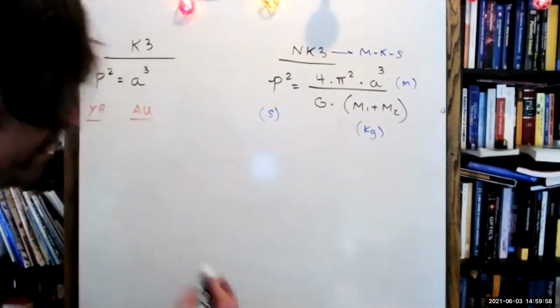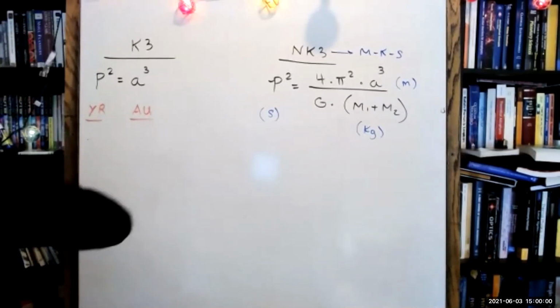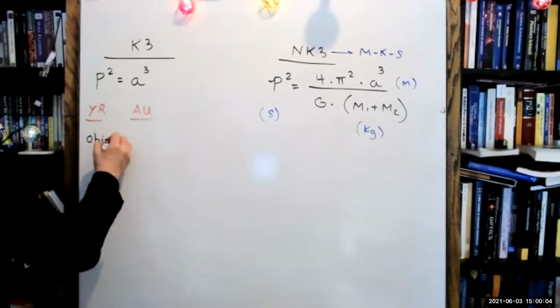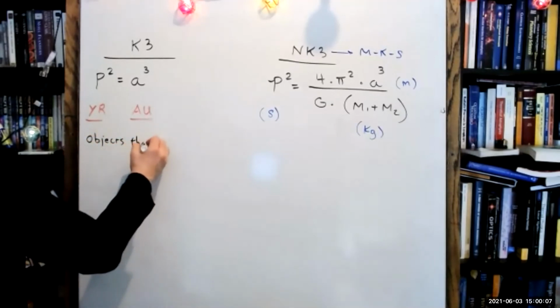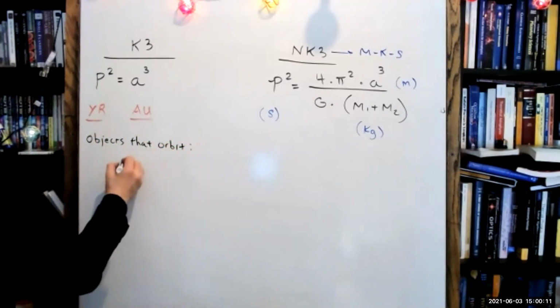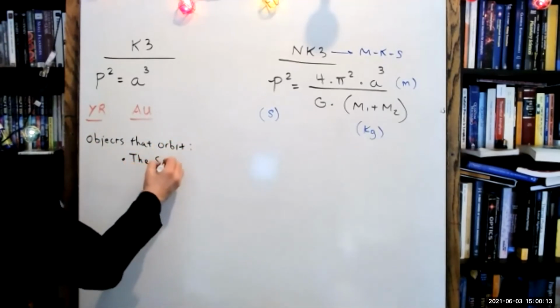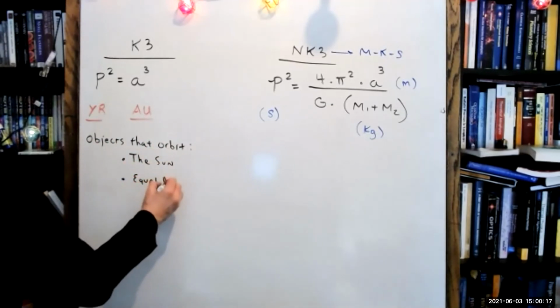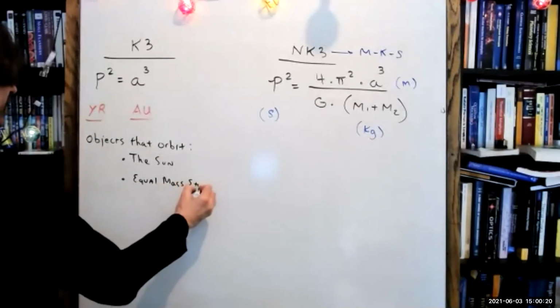Let's talk about where they apply. This works for objects that orbit either A, the sun, or B, an equal mass star.